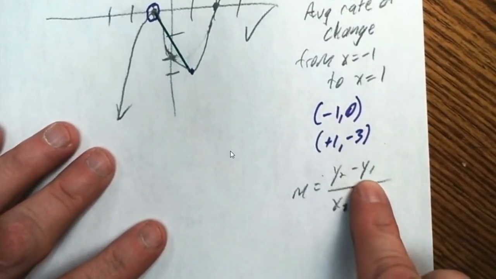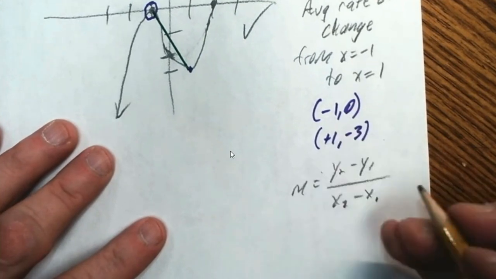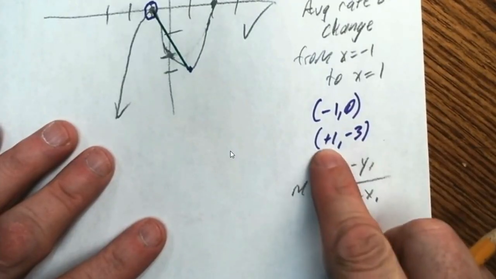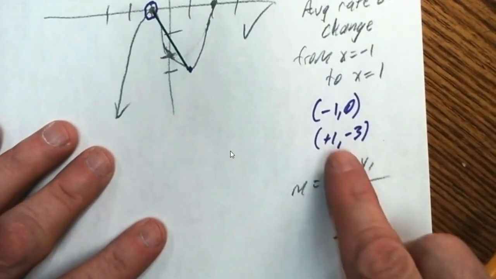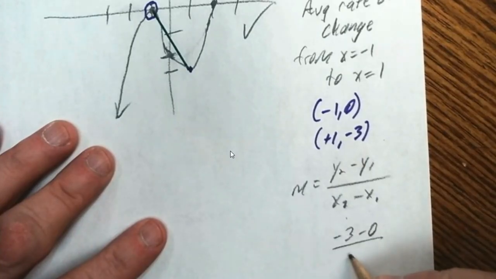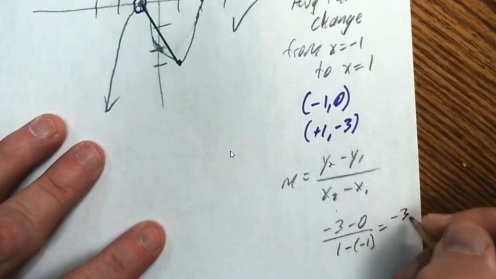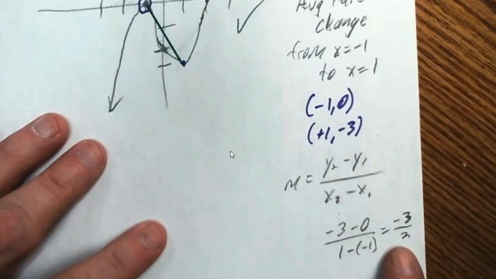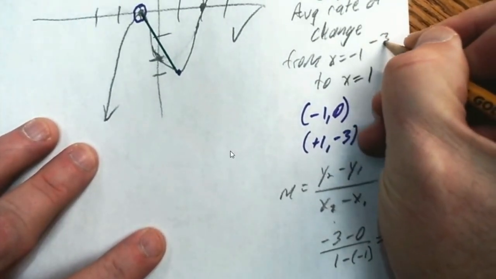Let's use this formula first, since we have the points. y2 minus y1. So let's take -3 minus 0. And then let's take 1 minus -1. Since this was y2, this has to be x2, so 1 minus -1. -3 minus 0 is -3. 1 minus -1 is 2, so it's -3 halves. -3 halves.